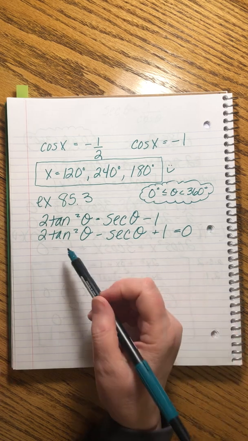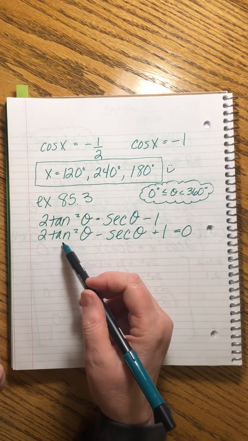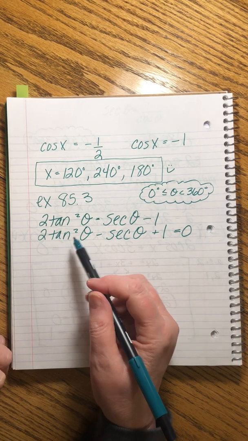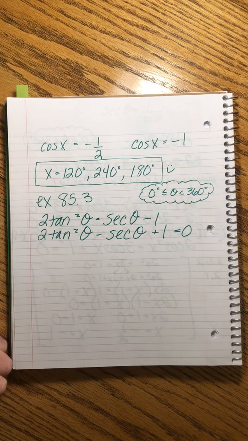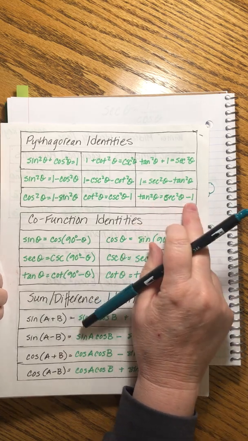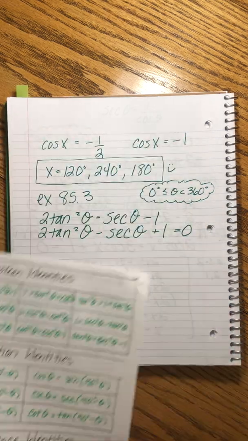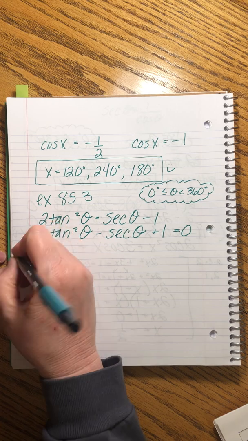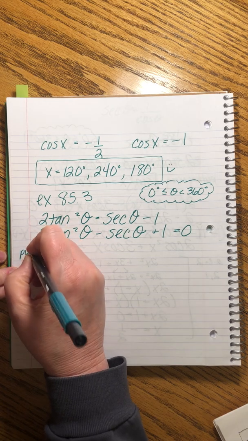Okay, again, we've got tangent squared, so that's the one we want to change. We're hoping there's a Pythagorean identity that links tangent to secant. We know there is because we did this in the last problem. It's right here, right? So again, we write the source of the identity or the name of it.